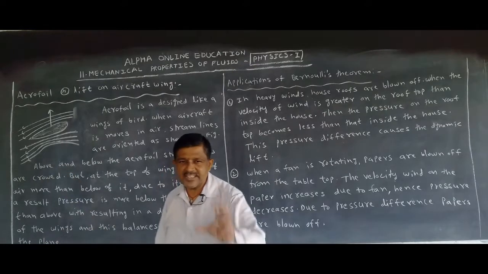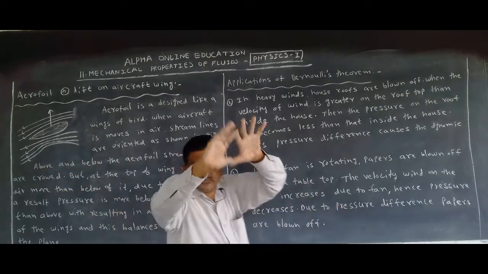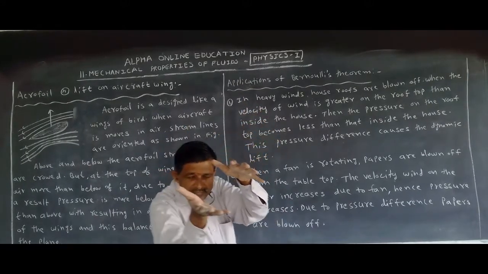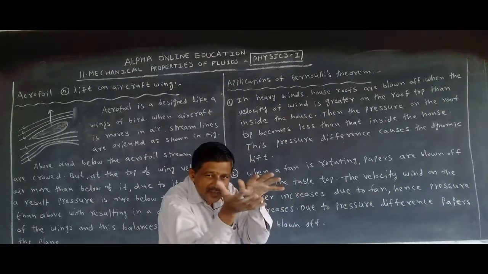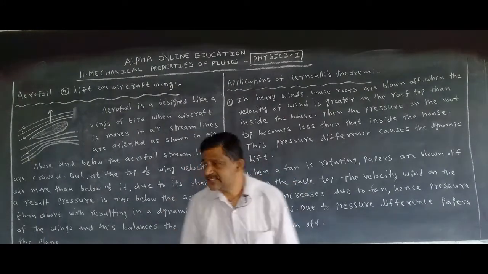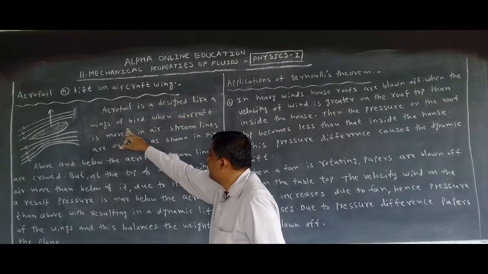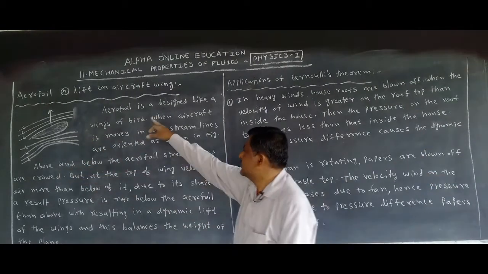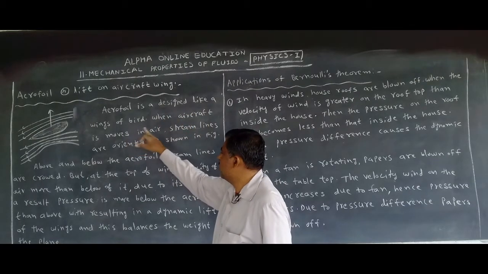Its design resembles the wing of a bird, means the front side area is more, and when it moves backward, the area decreases. The aerofoil is designed like the wings of a bird. An aeroplane has two wings.